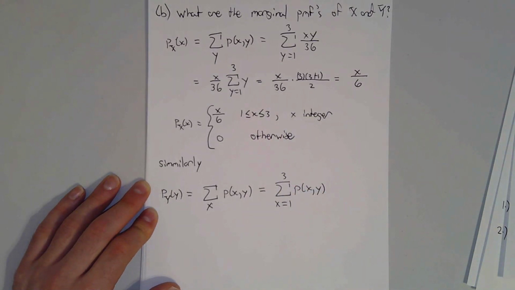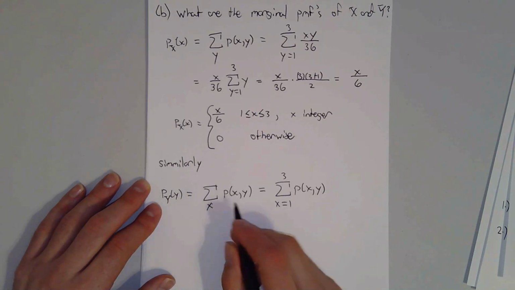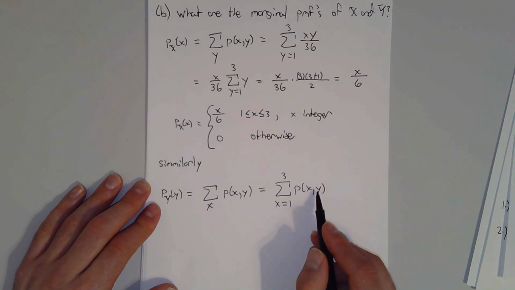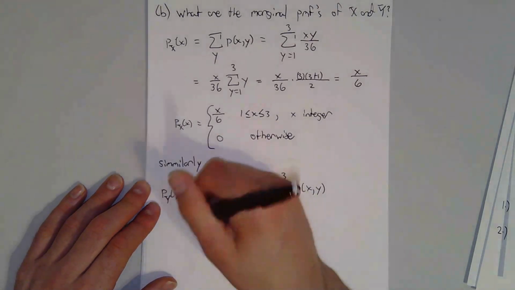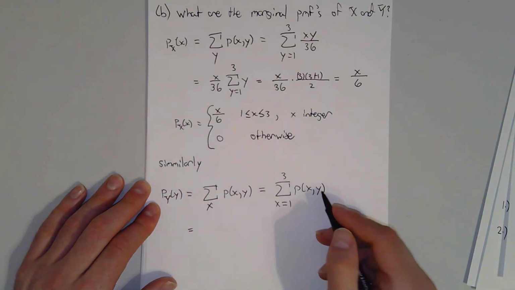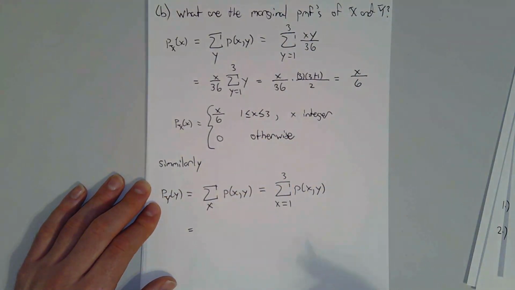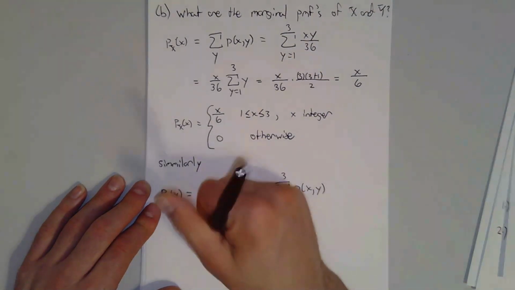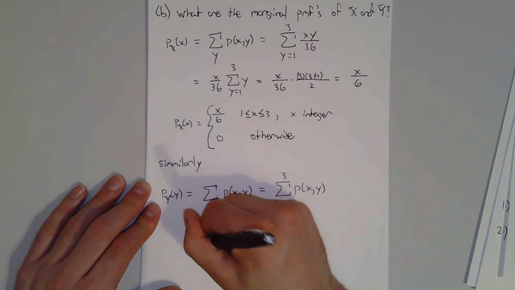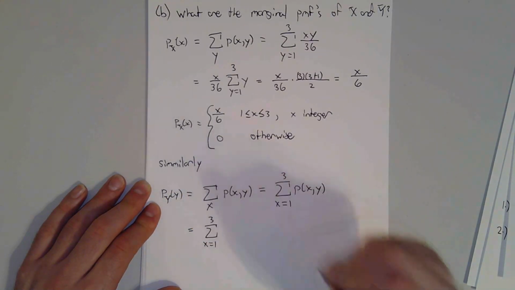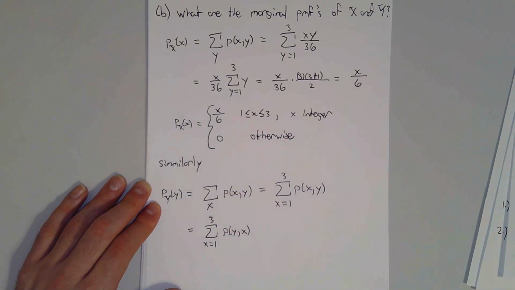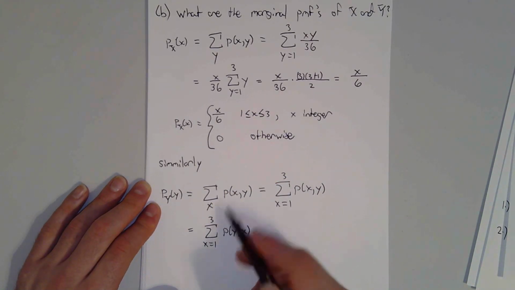Similarly, for y, we can use a really nice fact about this joint PMF to save ourselves time: it's symmetric. In other words, we can switch the x and the y and it's still the same. You can check that with the definition: x times y over 36 is commutative, the same as y times x over 36. So we've already calculated this expression above.